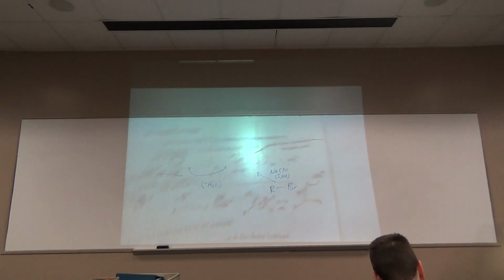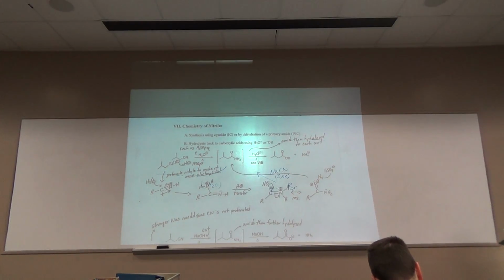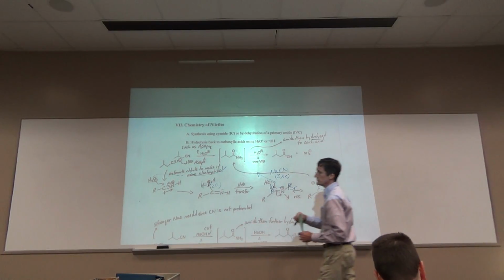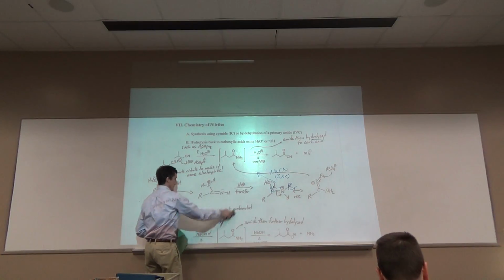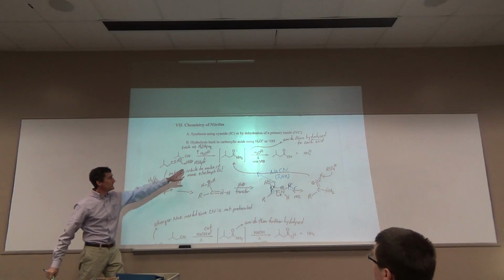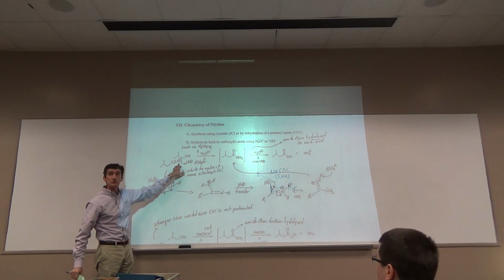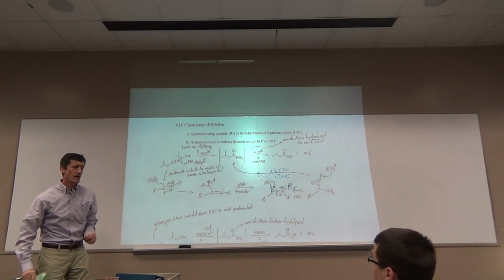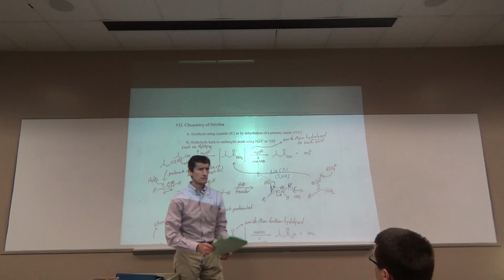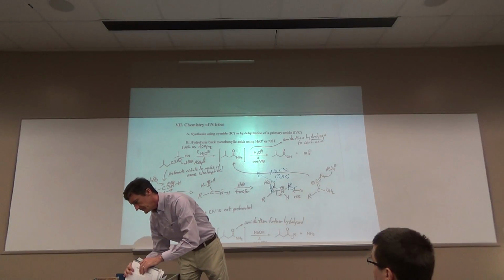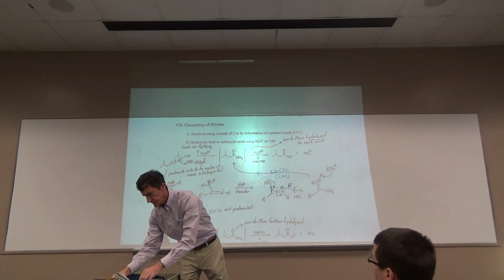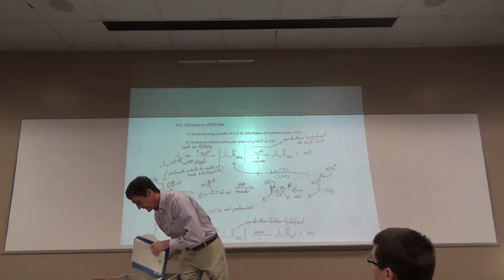So the sheet. So when we get to the chemistry of nitriles, under acidic conditions, we can protonate the nitriles just like protonating a carbonyl. By the way, did we cover protonation of carbonyls? I need to make sure we covered that because based on the quiz, it doesn't seem like we covered it.